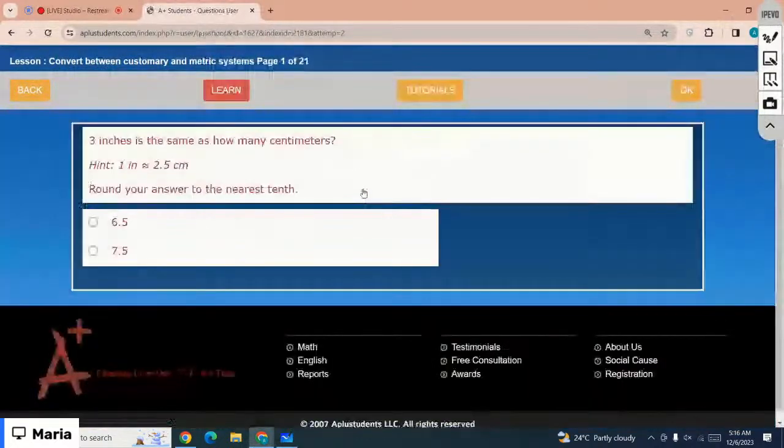Okay, 3 inches is the same as how many centimeters? Which is the correct option? We are given the hint 1 inch equals 2.5 centimeters, right? So for 3 inches, what you have to do, you need to multiply 2.5 times 3. So which is the correct option?